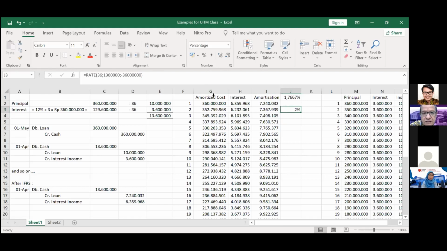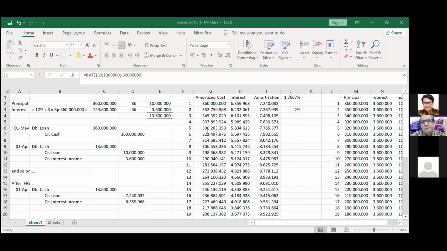The effective interest rate is multiplied by the balance of the loan, and we get the interest income. The difference between the 13,600,000 payment and the interest is the amortization of the loan.